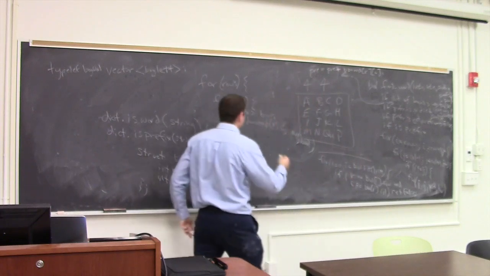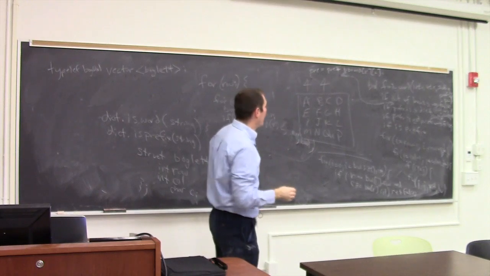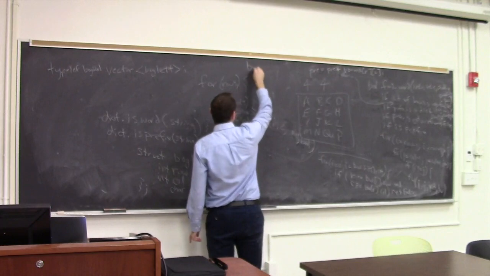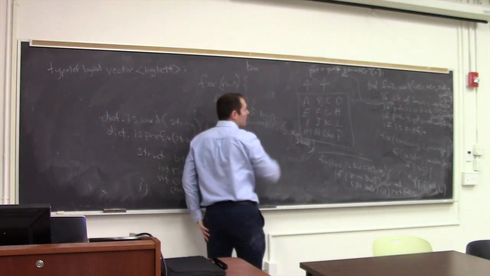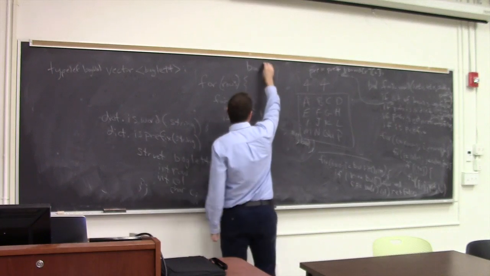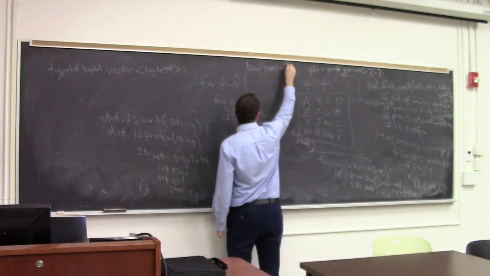Well, let's look at how we update the bog word. We would say something like bog word, let's see, we want to do the last one, so we could do bog word size minus 1.